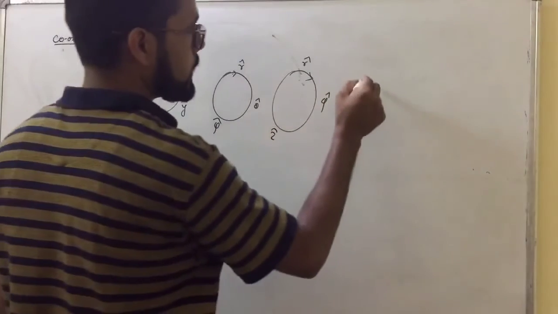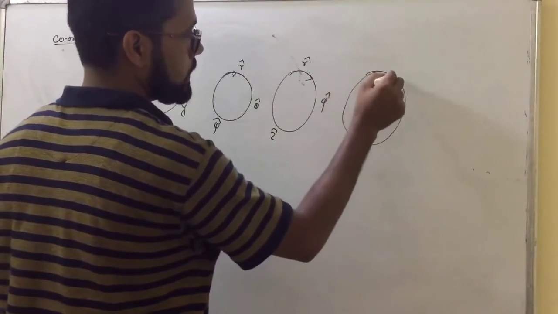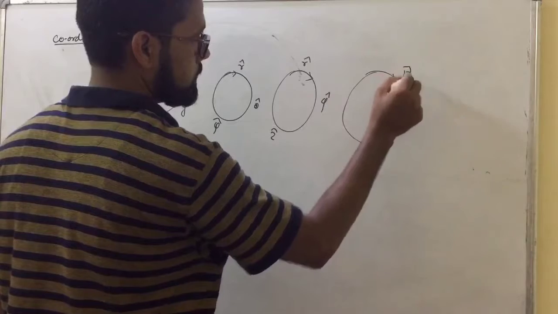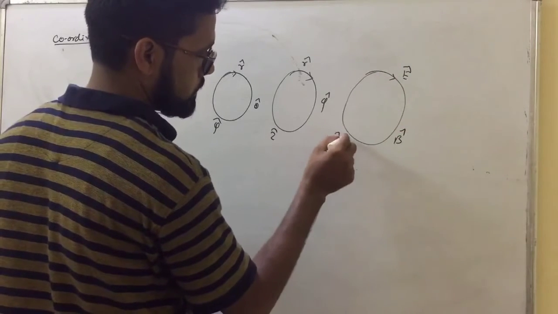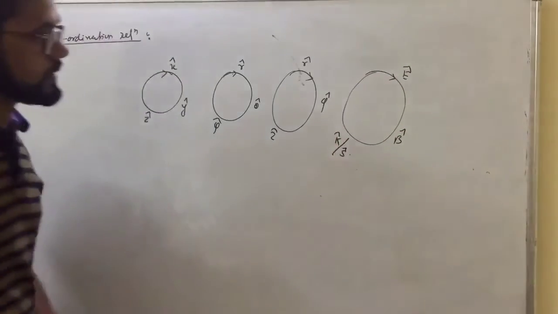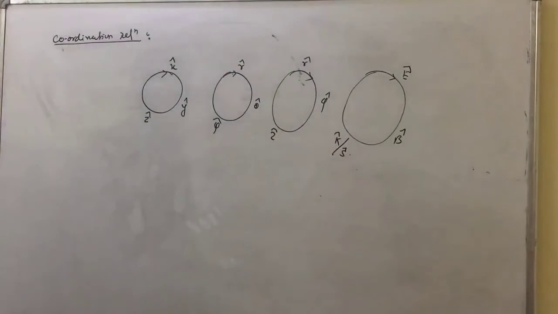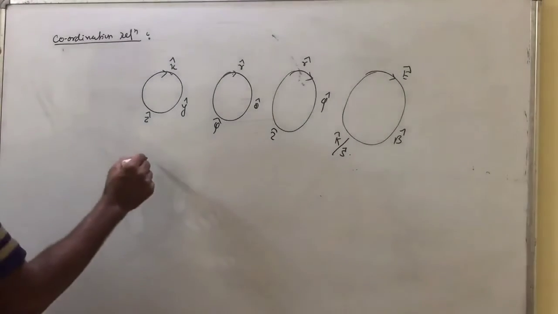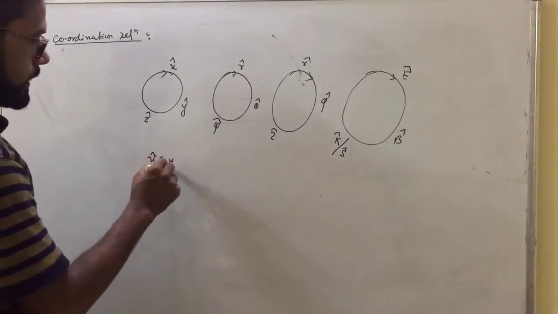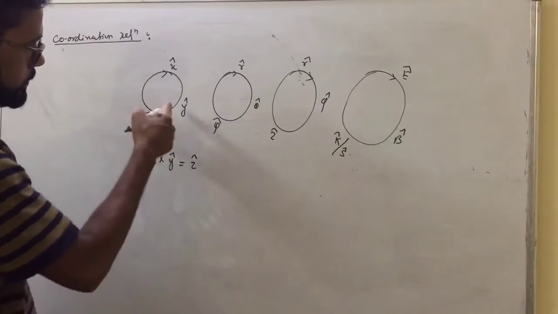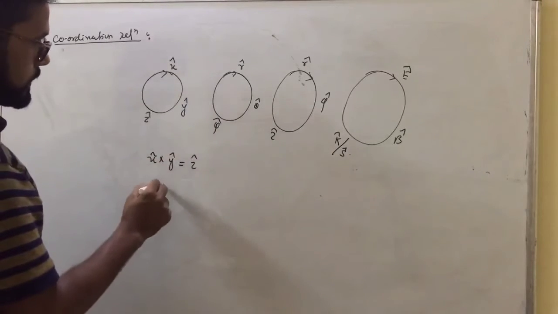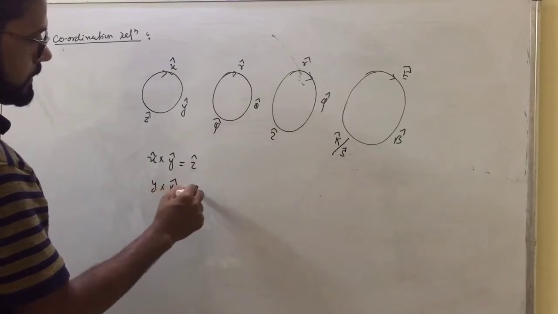An electromagnetic wave also follows the same behavior. This is E cap, the electric field unit vector, B cap, and this is k cap, the unit vector, or s cap. The same rule is followed in all four coordinate systems. Here, if we take clockwise, x cap into y cap, it will be z cap. If we take anti-clockwise, y cap into x cap, it will be minus z cap.